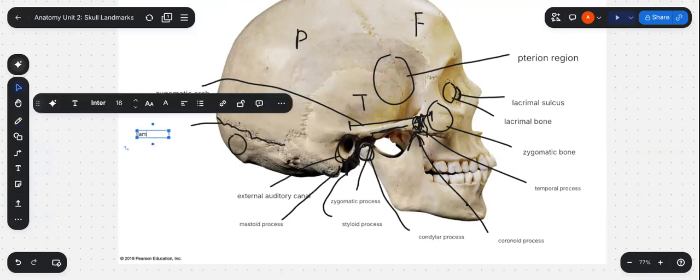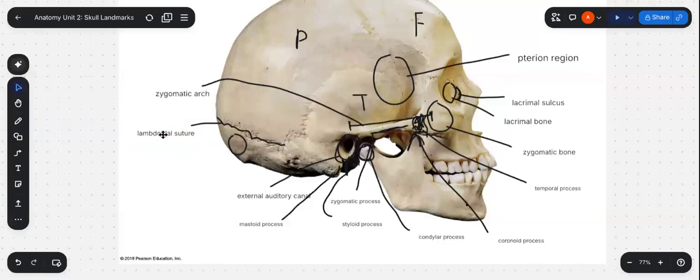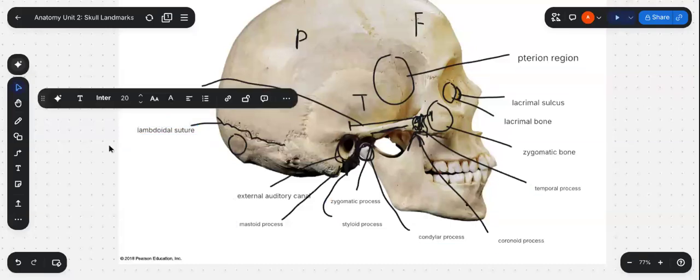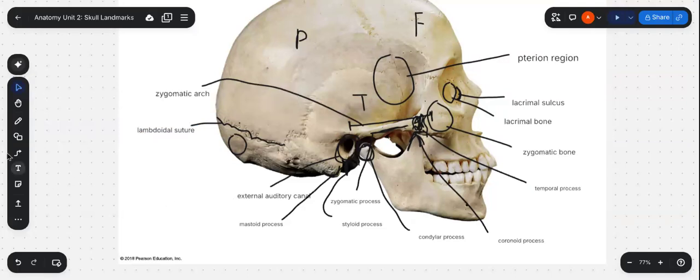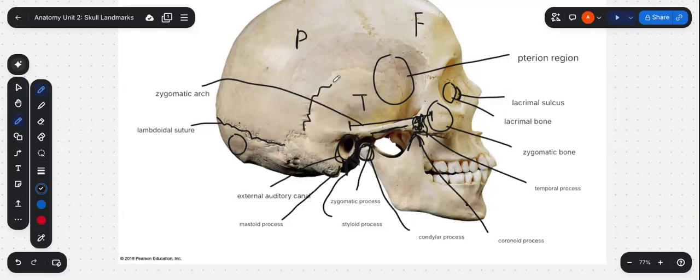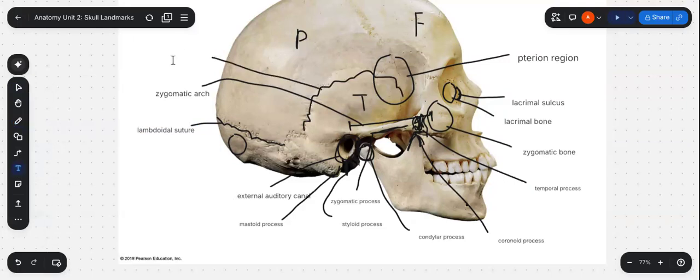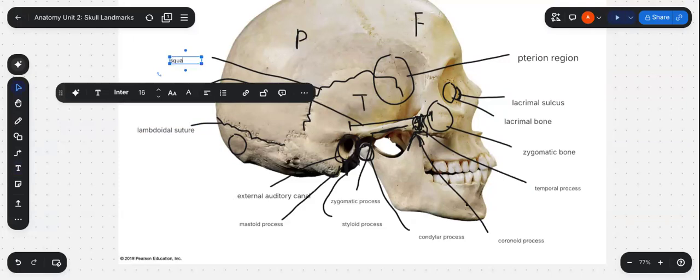For some reason, to me, the word sounds very similar to Lamborghini. So I suppose if that helps you remember it, then that is one way. All right. And then we have your squamosal suture, which is going to be over your temporal bone. It's this suture right over here. So that one is your squamosal.